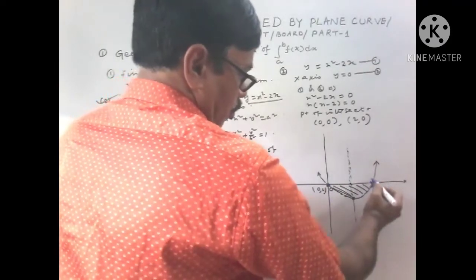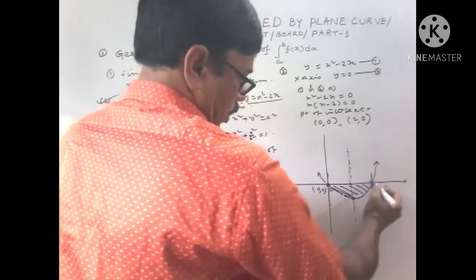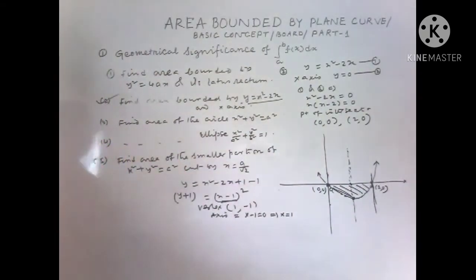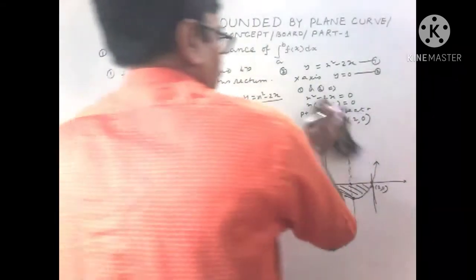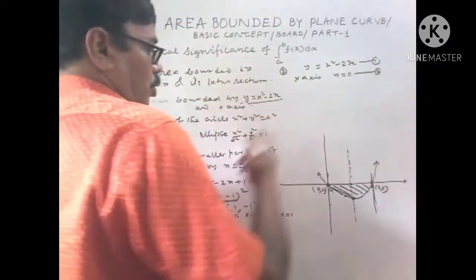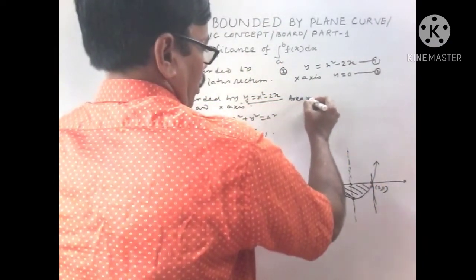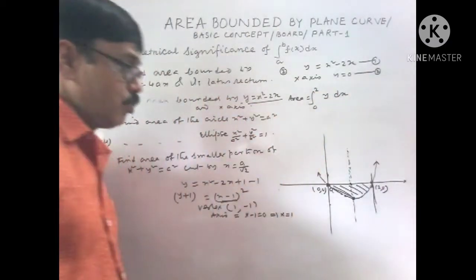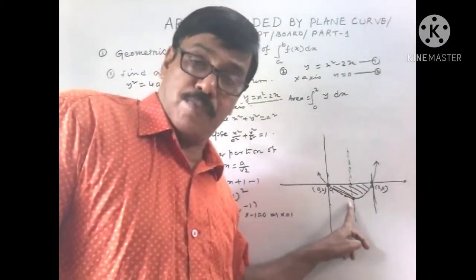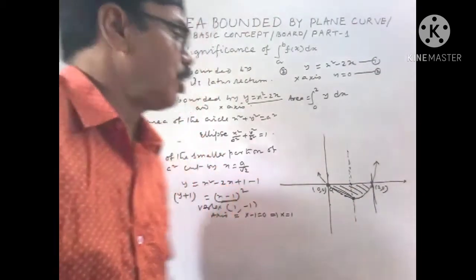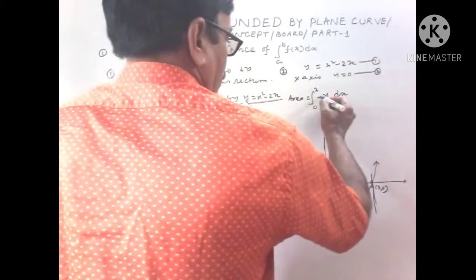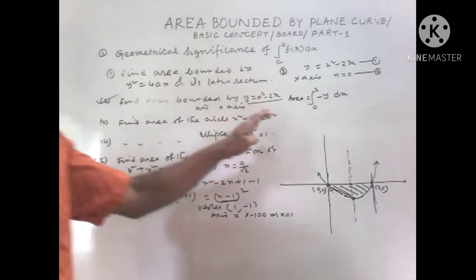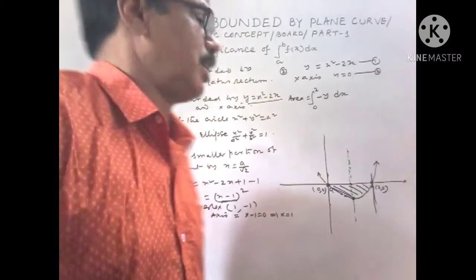Now you know x equals to 0 to x equals to 2 and the curve, so you can find the area. So what is area? Area equals to integral 0 to 2 of y dx. Now since it is below the x axis, we take minus y dx.